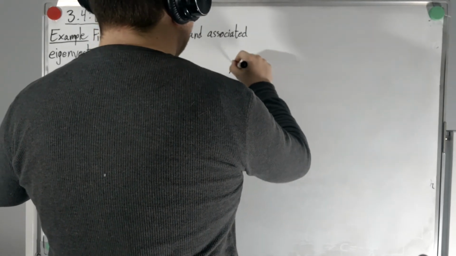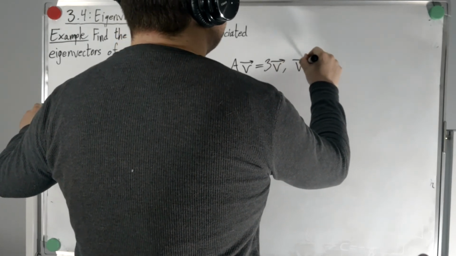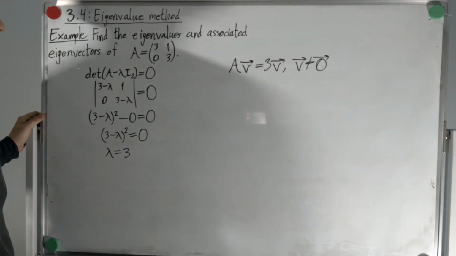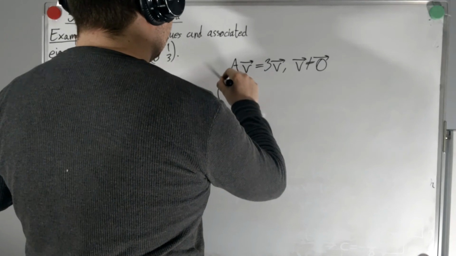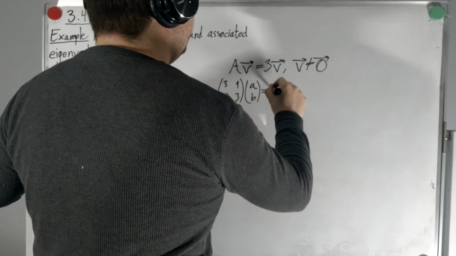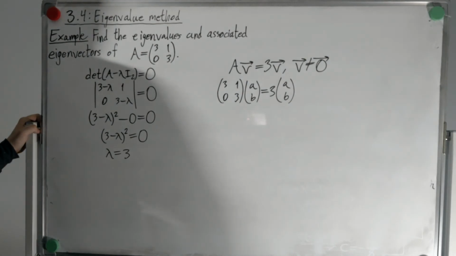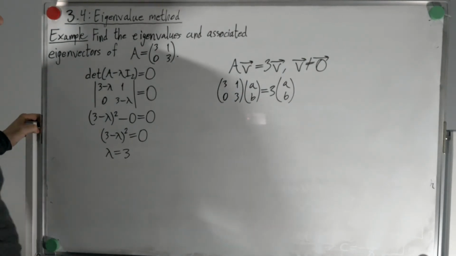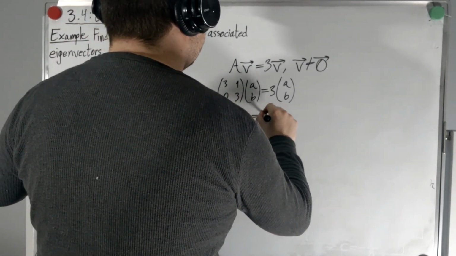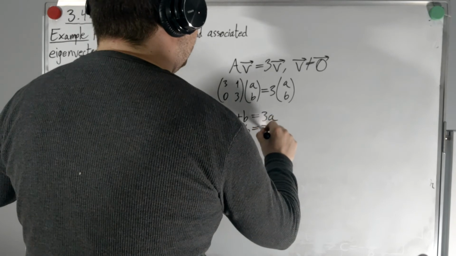So what we have to do is take A times v vector equals 3 v vector, with v vector not being the 0 vector. So this looks like the matrix 3, 1, 0, 3 times a vector (a, b) equals 3 times (a, b). You multiply through, you get 3a plus b equals 3a. And meanwhile, 0a plus 3b equals 3b.